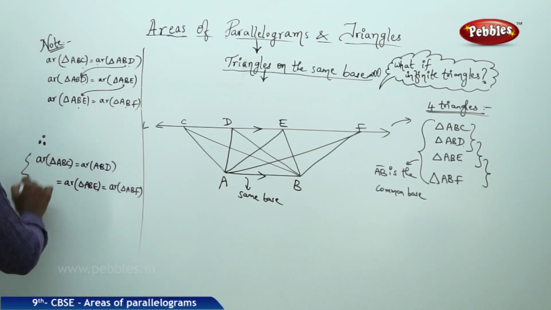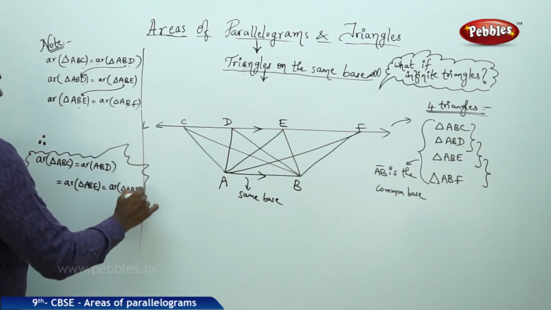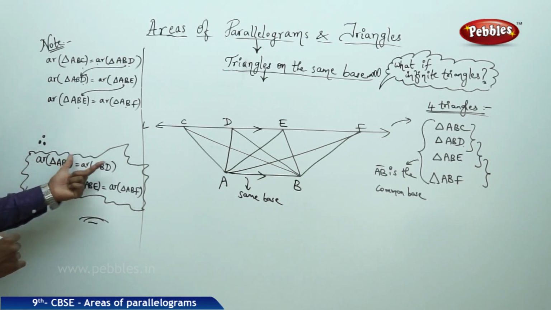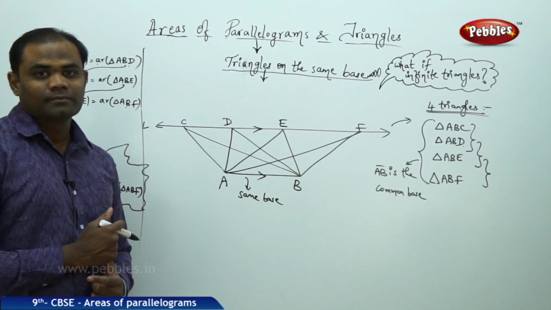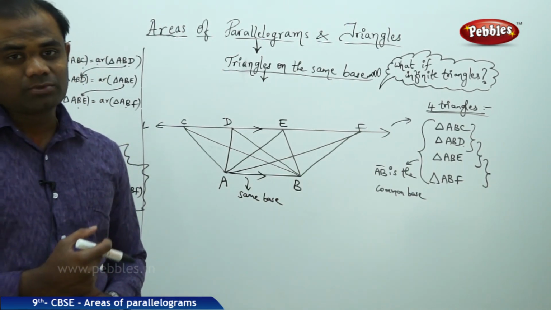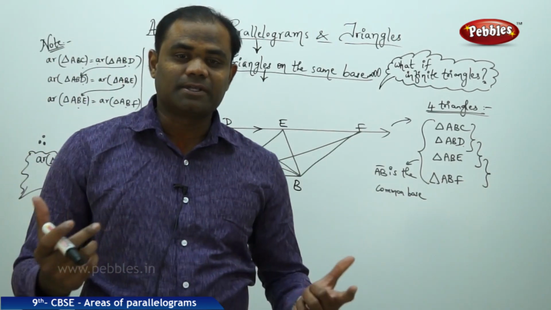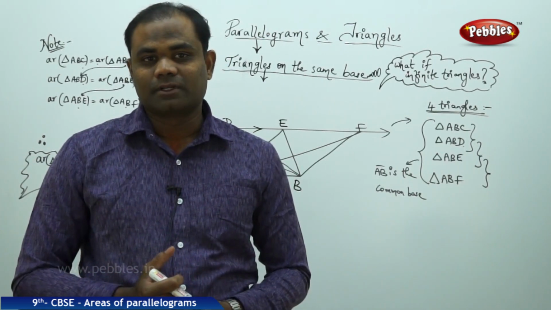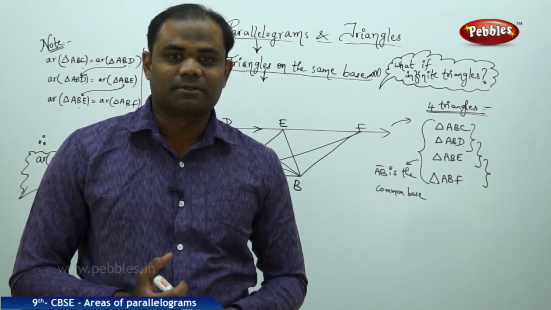This is how I see the area of each of the triangles being equal. Therefore, if I have more than two triangles on the same base and between the same parallels, all the triangles must have equal area, is how we understand the concept.